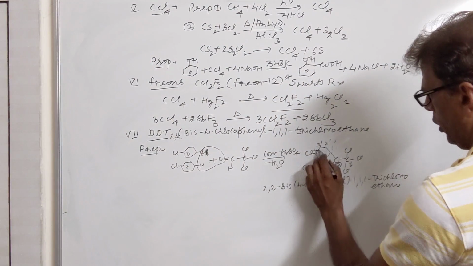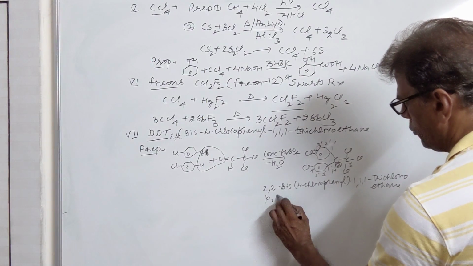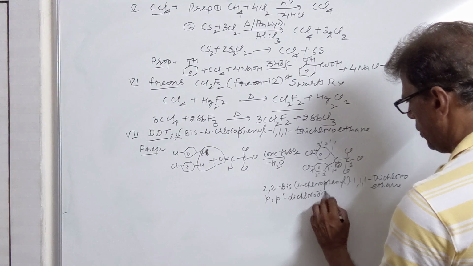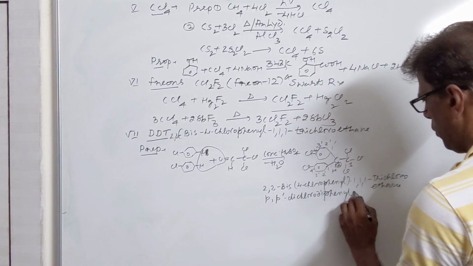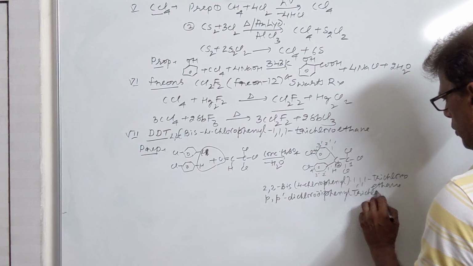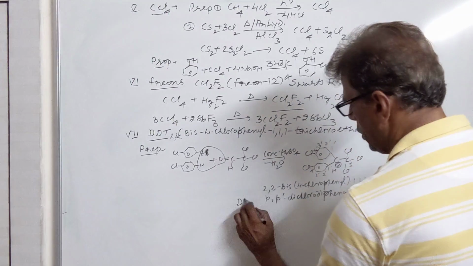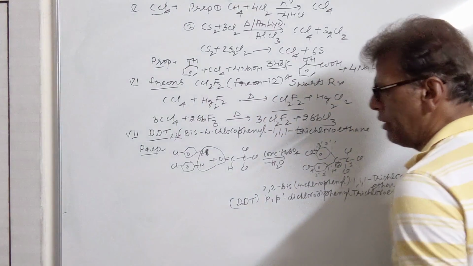Now it is also called para-dichlorodiphenyltrichloroethane. It is this compound from where the term DDT has originated.